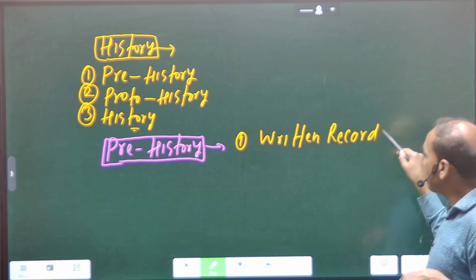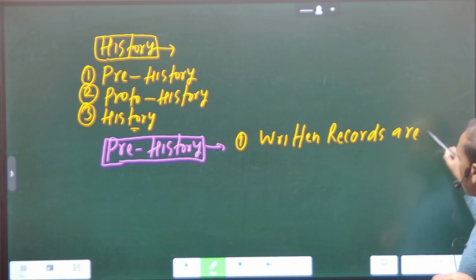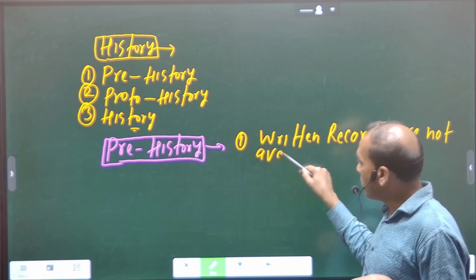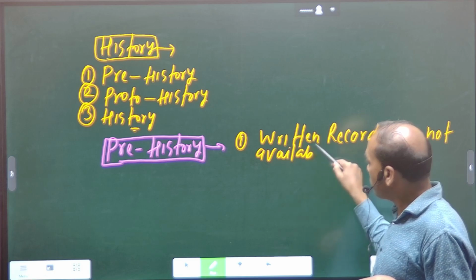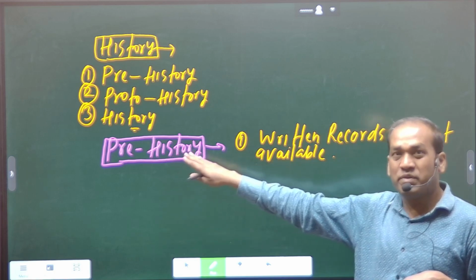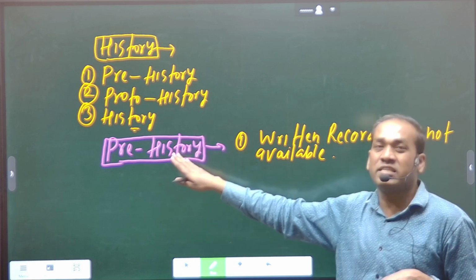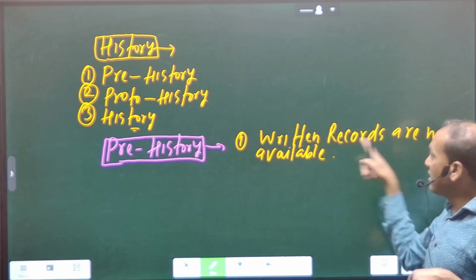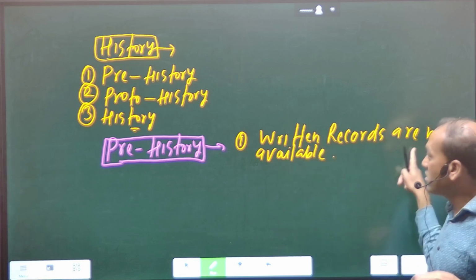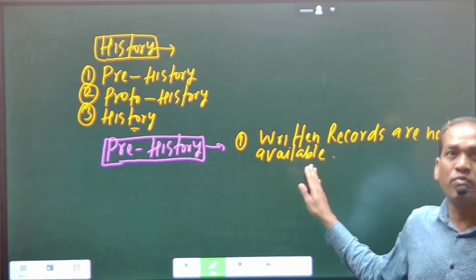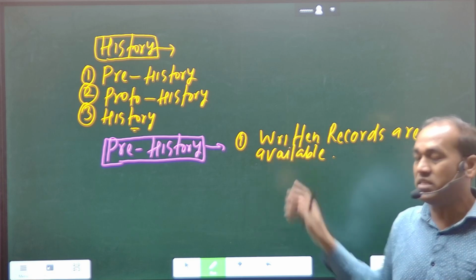So prehistory is the history where we do not have any written records. Written records are not available. This is your first point you must write in prehistory.